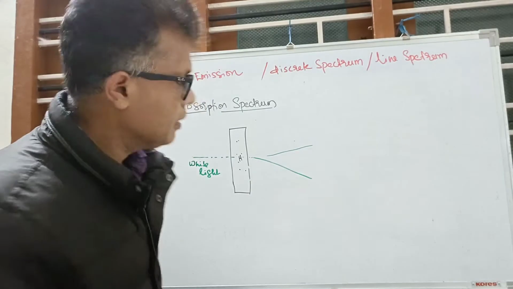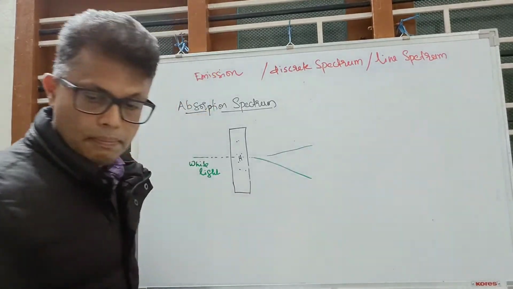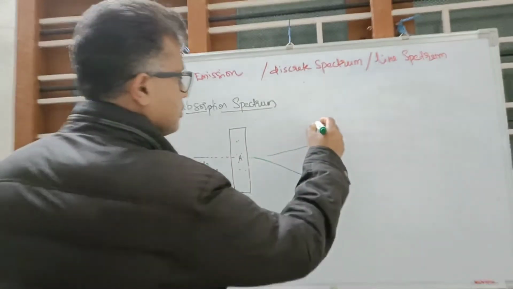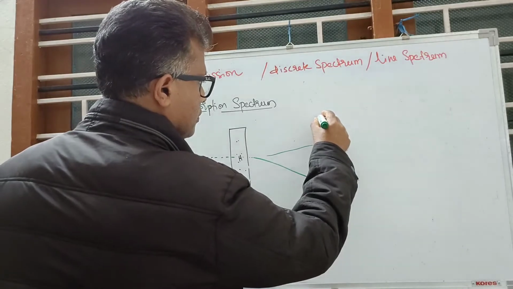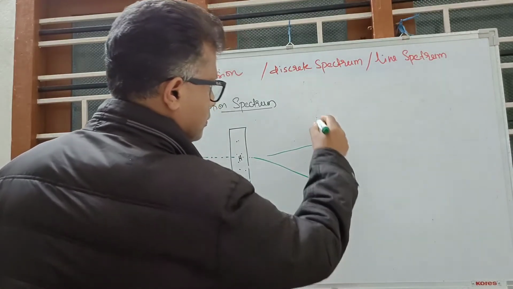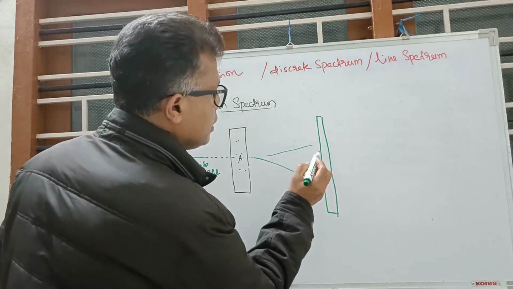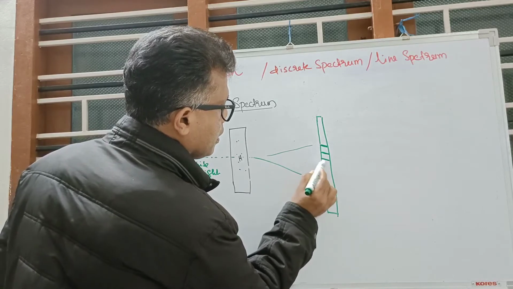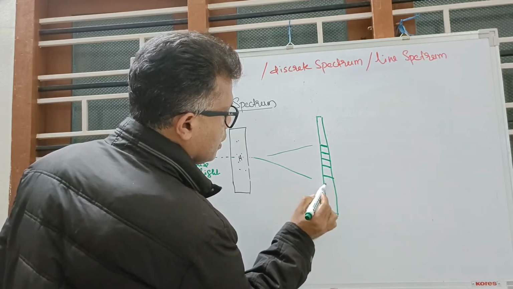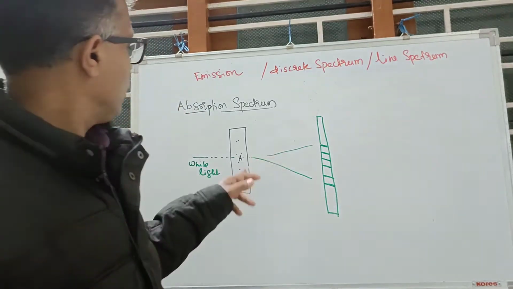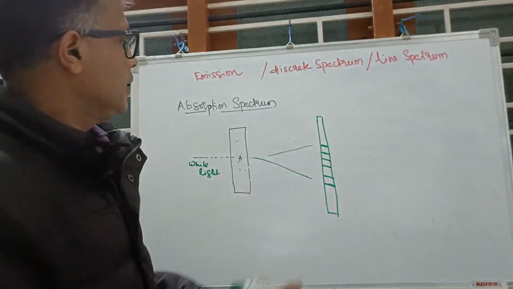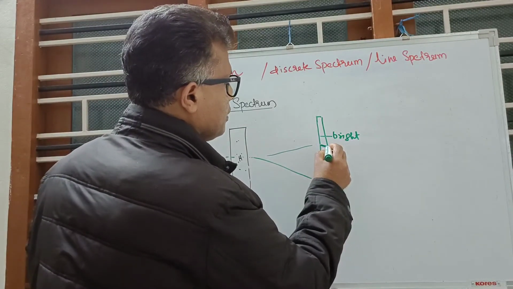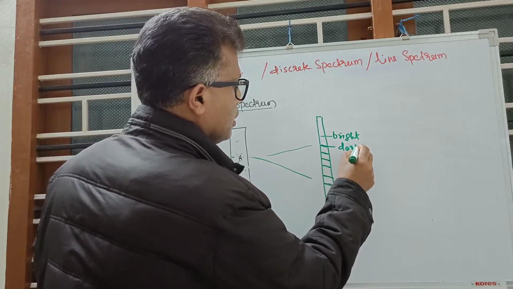We'll again put the screen here. Now you see this spectrum. The absorption spectrum we are getting here has bright lines, and here it is dark, missing.